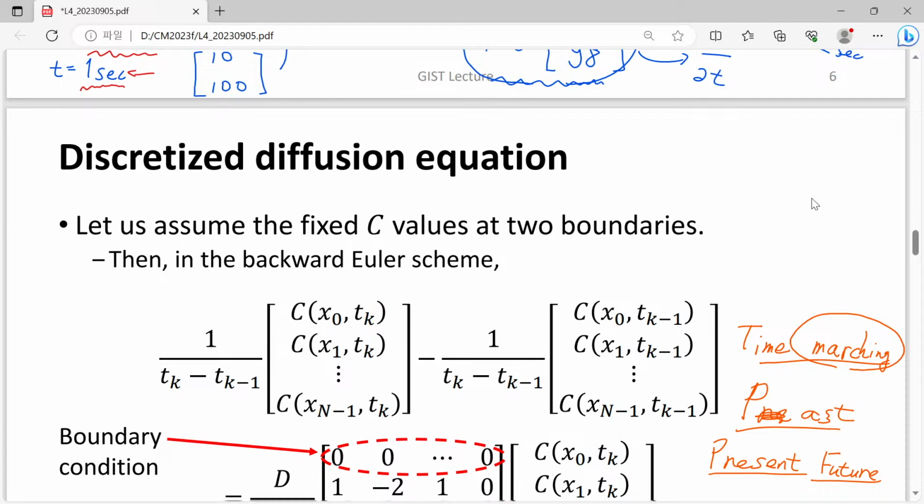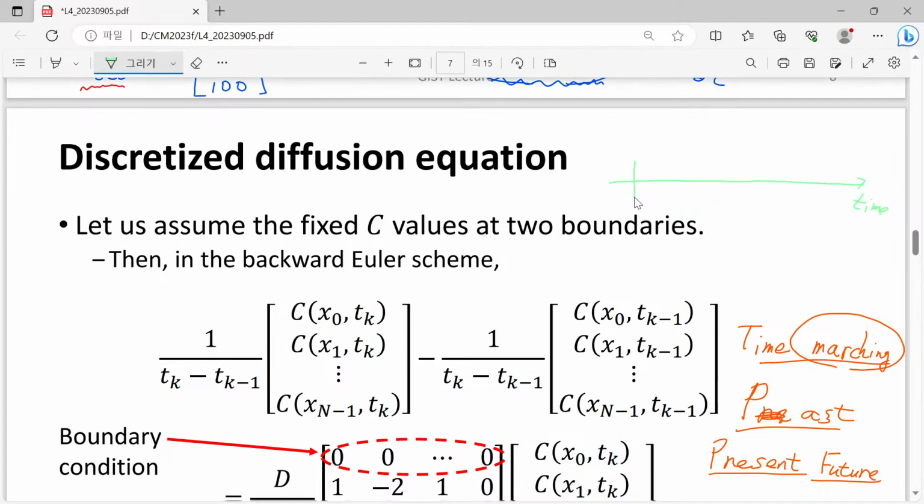However, we also have different problems. Sometimes we have to solve a problem whose solution is periodic with a given time period capital T.